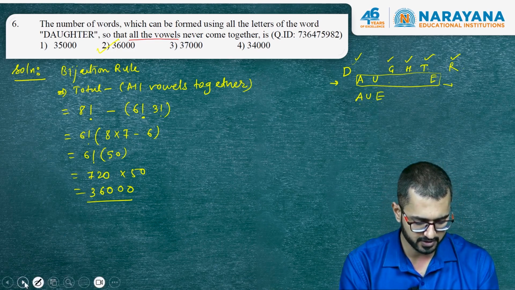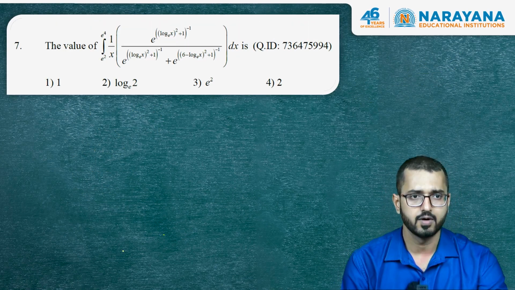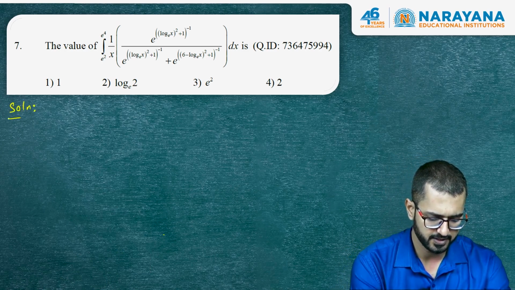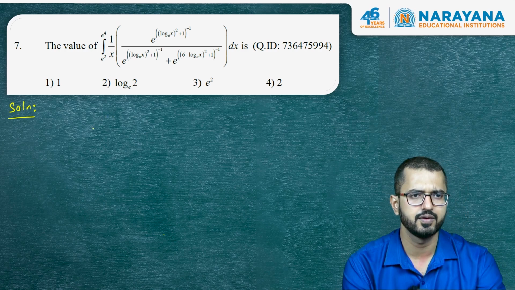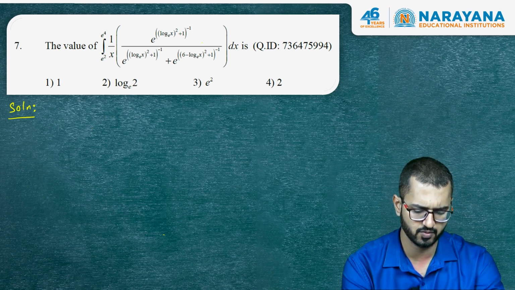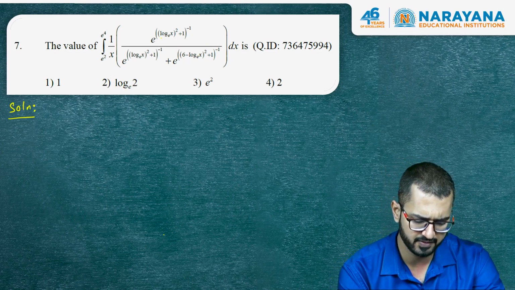Alright, moving to the next part, 7th question. Now let us see. Here in this part we have the integral from e square to e^4 of 1 over x, e to the power log x square. Looking at this question, we have a gut feeling that log x is appearing everywhere.